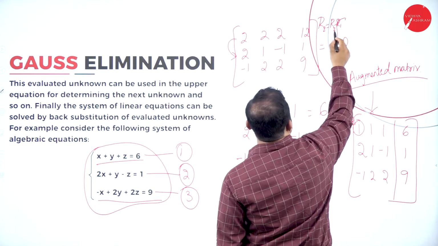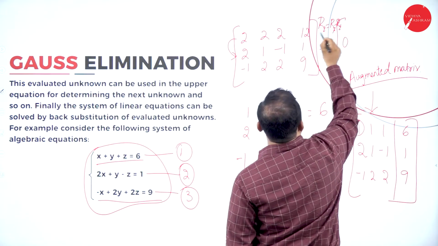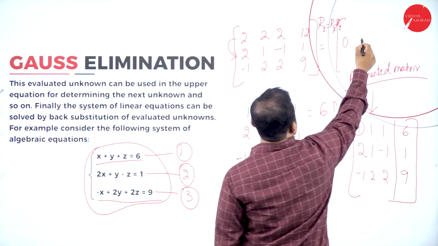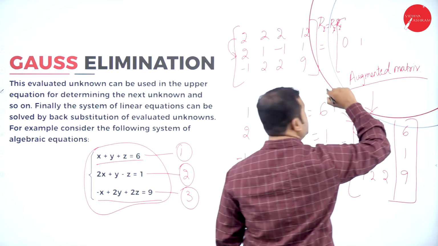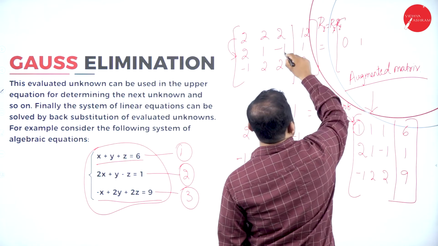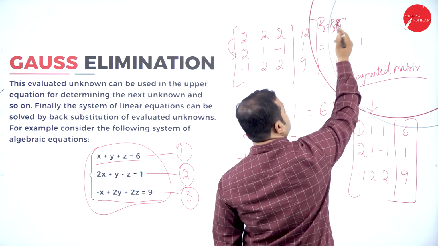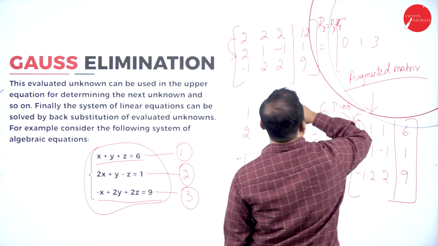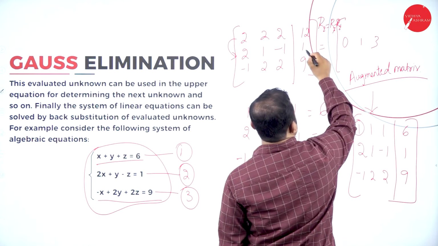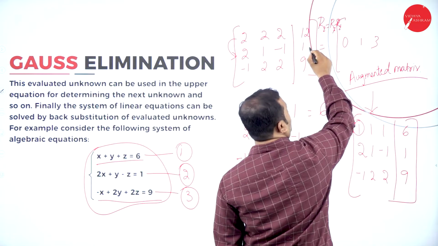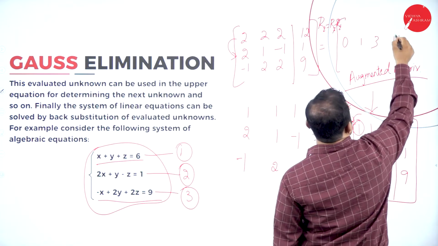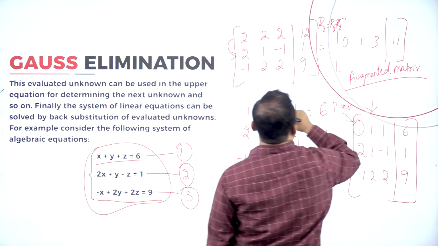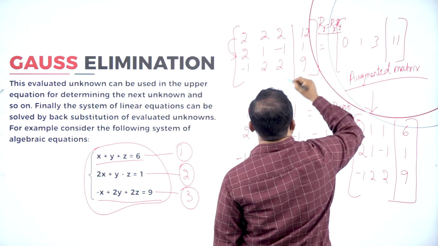If I do R1 minus R2, what happens? 2 minus 1 turns out to be the positive value 1. Then 2 minus of minus 1 is 3 here. 12 minus 1, what is the value of that? It is 11. We have this term here after this row operation.